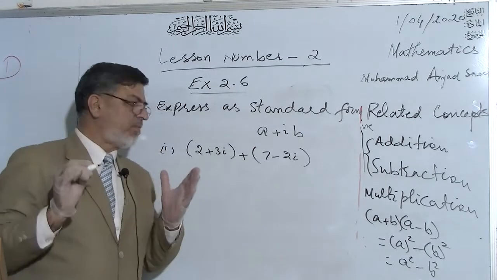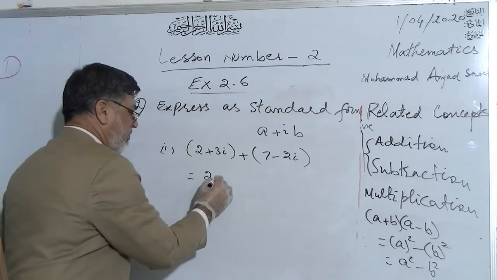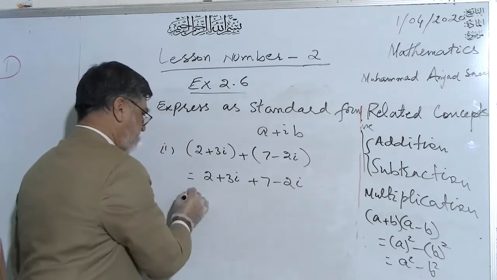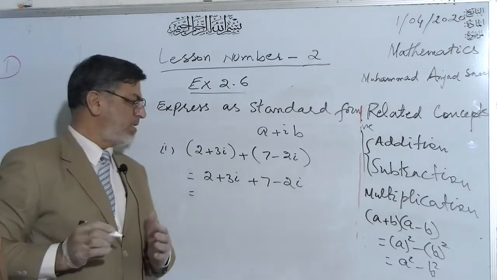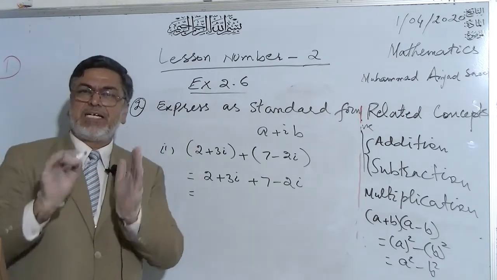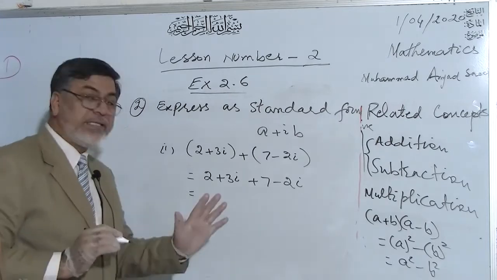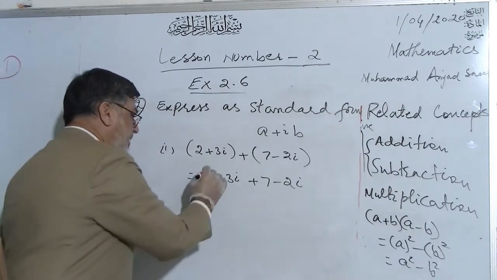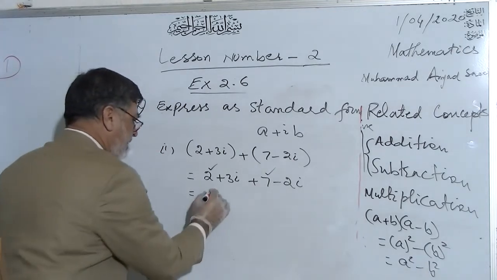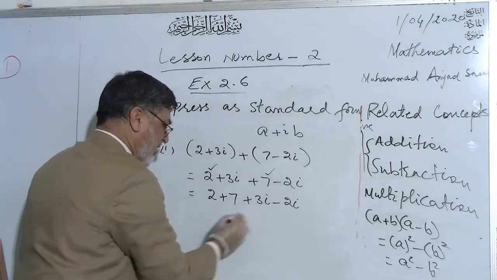Dear students, first of all, you open up the brackets: 2 plus 3 iota plus 7 minus 2 iota. After that, combine the like terms and write them side by side. These are like terms, real with real and imaginary with imaginary: 2 plus 7 plus 3 iota minus 2 iota.